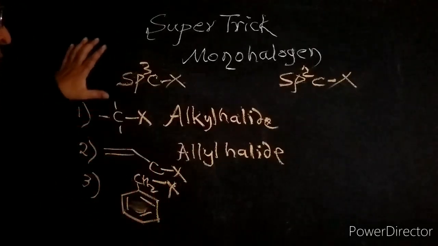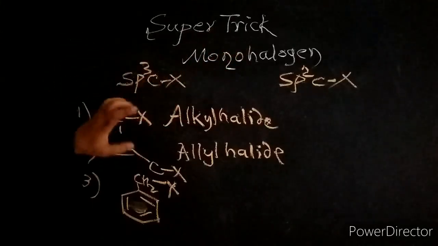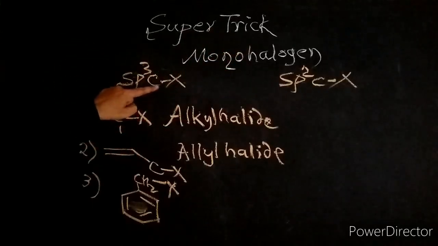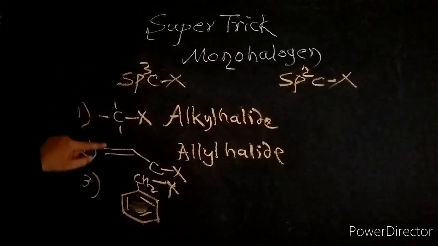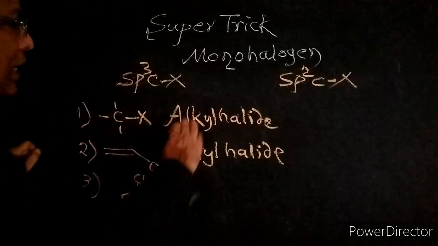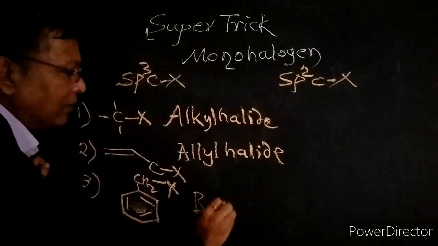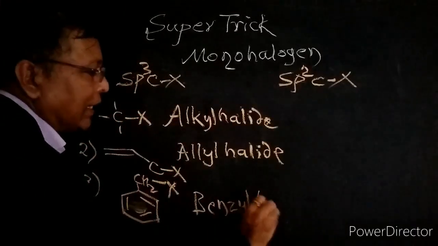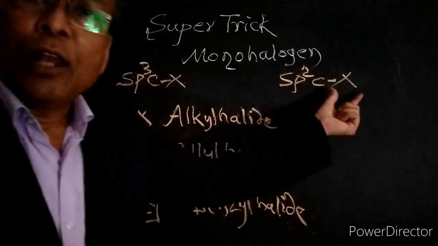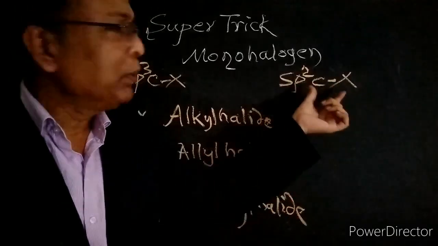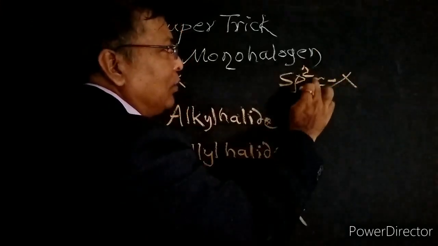These are the three types of monohalogen derivative when the halogen atom is attached to an sp3 hybridized carbon atom. The first one is alkyl halide, second one is allyl halide, third one is benzyl halide. Okay, and when the halogen atom is attached to an sp2 hybridized carbon atom, for the time being you remember that this 2 indicates 2 types.